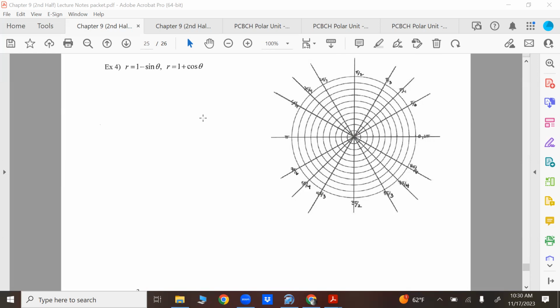You have 2 cardioids here, guys. The cosine is going to be horizontal. The sine is going to be vertical.